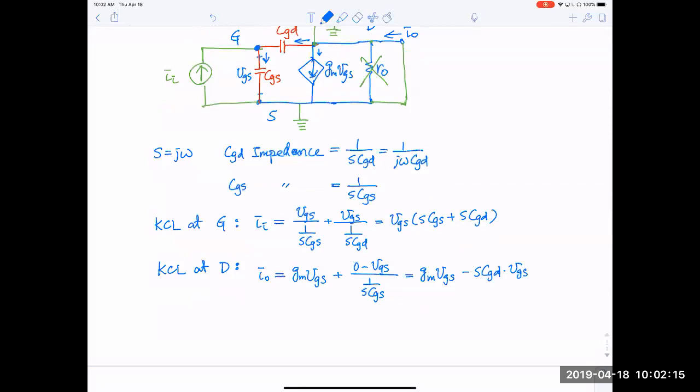So both are functions of VGS. So we just substitute VGS from here into this equation. So Io is equal to Ii over sCGS plus sCGD times this term, gm minus sCGD here, all right?